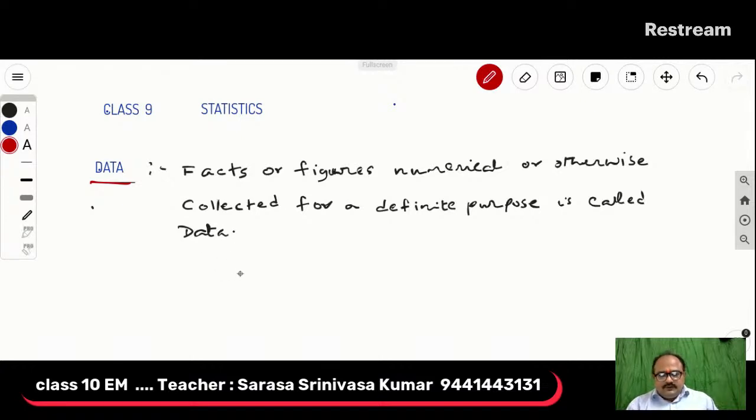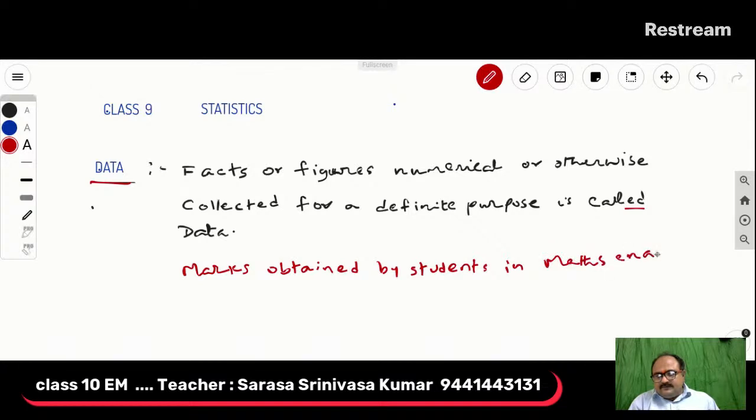Suppose we collect the marks obtained by students in a maths exam conducted today.